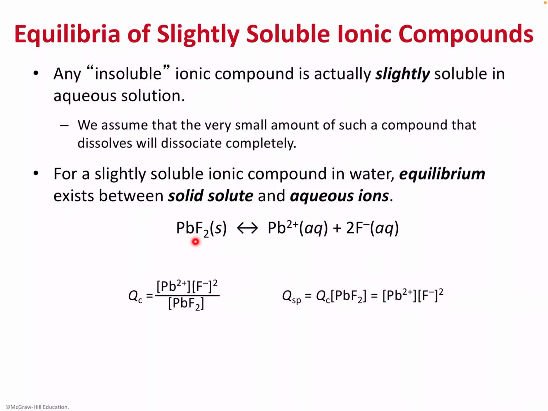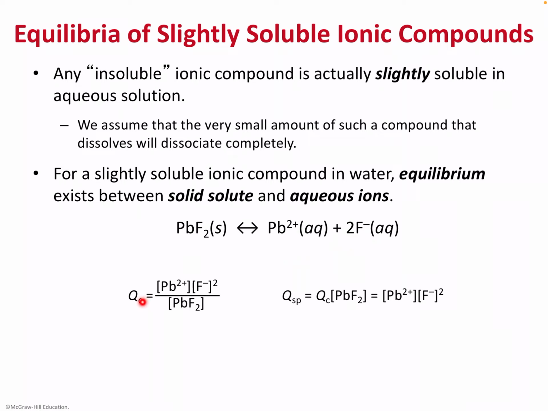Let's say you have lead fluoride, which is a solid. This is slightly soluble in water, and when it is dissolved, it's going to give us the ions lead 2 plus and 2 fluoride ions. You see, because there are 2 fluorides, it should be 2F minus.